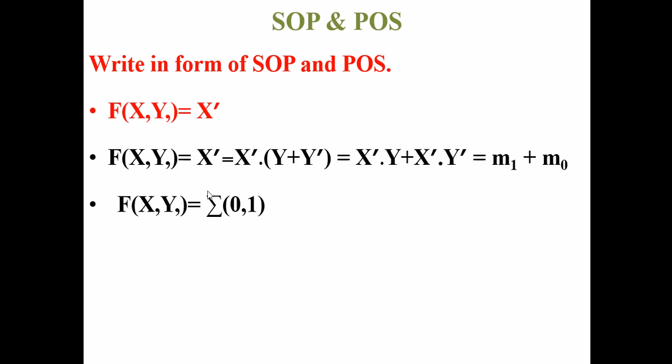So in summarized form of minterms you can write it as summation, and in brackets you will place the minterm numbers, that is 0 and 1.